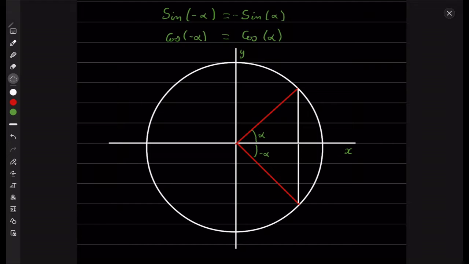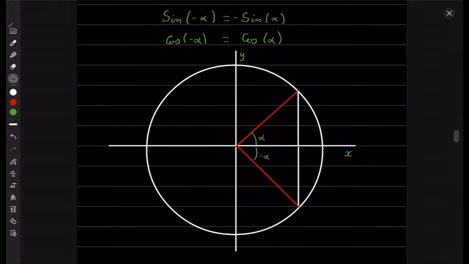Wait, sorry, let me restate that. The sine of negative alpha will be equal to negative of the sine of alpha.